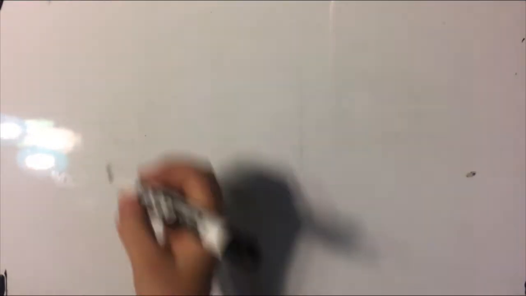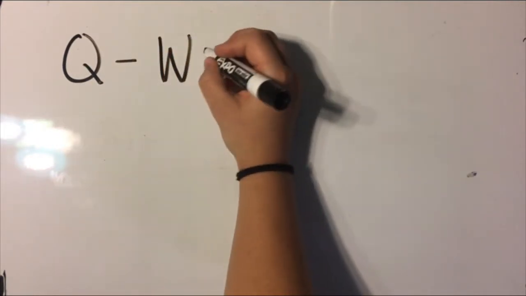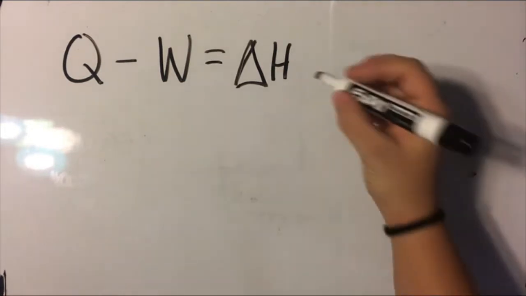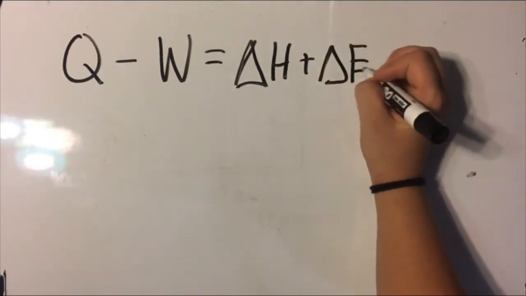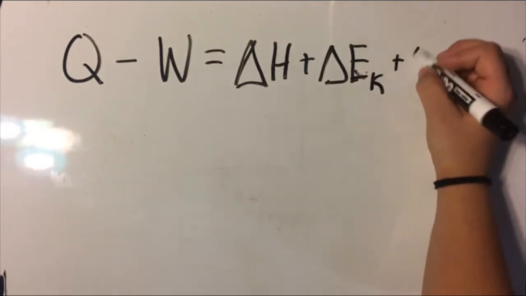So to begin pretty much any chemical engineering problem, you start with the energy balance equation, which is your heat minus your work equals your change in enthalpy plus your change in kinetic energy plus your change in potential energy.